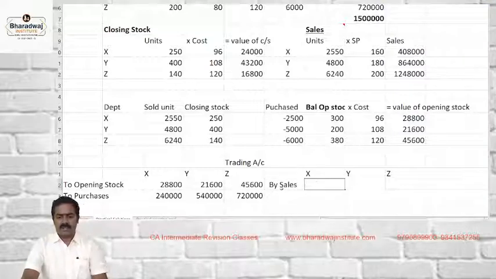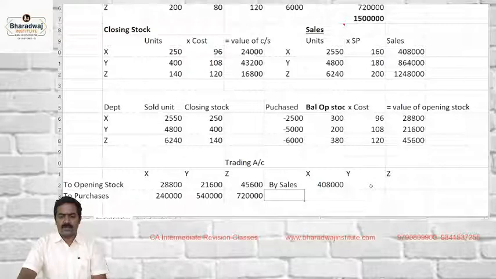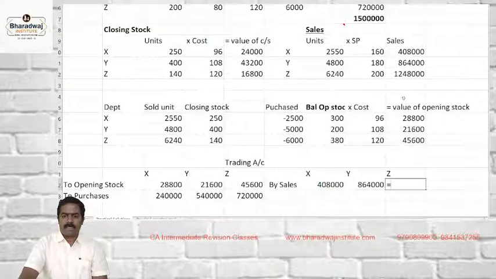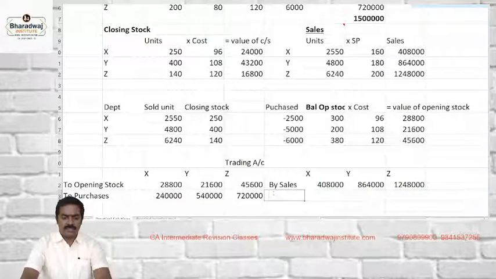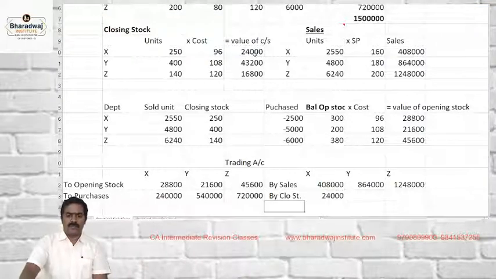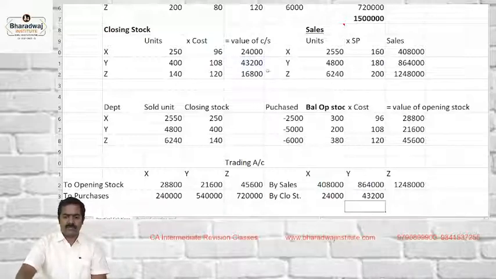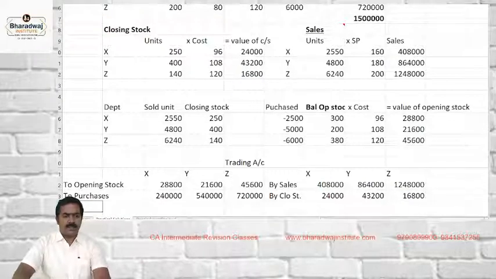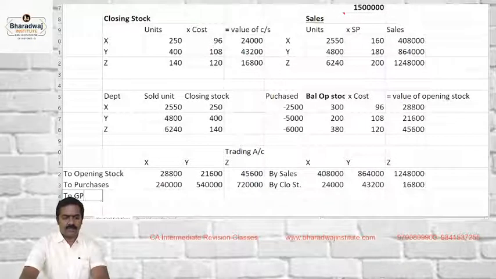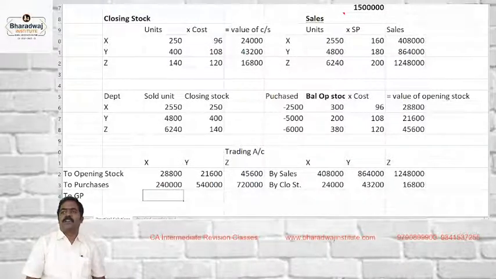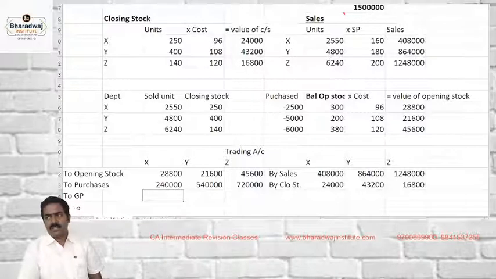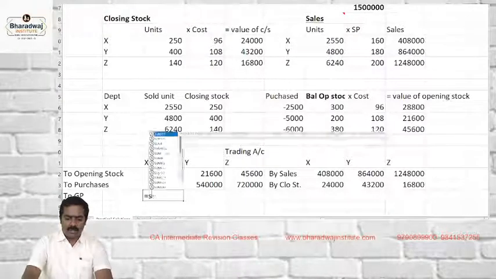By sales, sales value we worked out, sales into units. By closing stock, what is the closing stock value? 24,000, 43,200 and 16,800. As a balancing figure, you get the gross profit. Or you can do sales into 40% should go to gross profit. Verification is 40% of sales should be your gross profit.